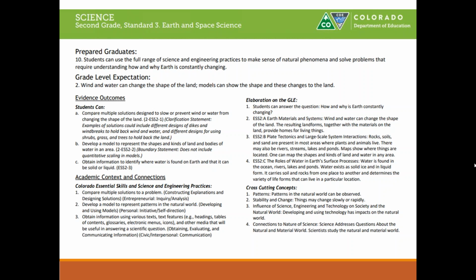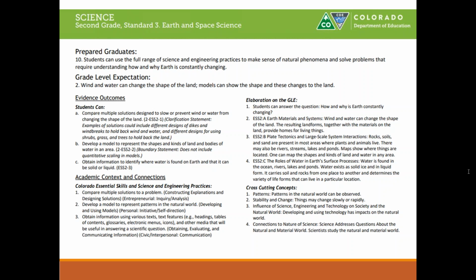So for students to master wind and water change the shape of the land, they need to understand content around earth materials and systems, and they need to understand content around plate tectonics and large-scale system interactions, and they would probably need to explore content around the roles of water in earth surface processes.